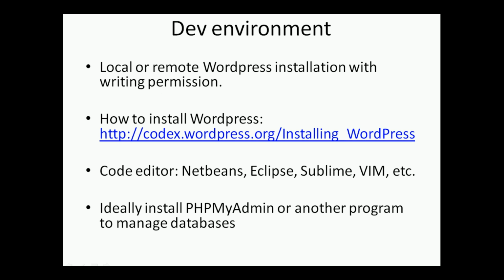You will need a development environment so that you can run the examples and get started with your own projects. So you need to have access to, it can be a local server or a remote server, install of WordPress. You need to have writing permissions in this install so that you can create files, modify files, delete folders, etc. The official WordPress site provides clear instructions on how to install WordPress in different platforms.